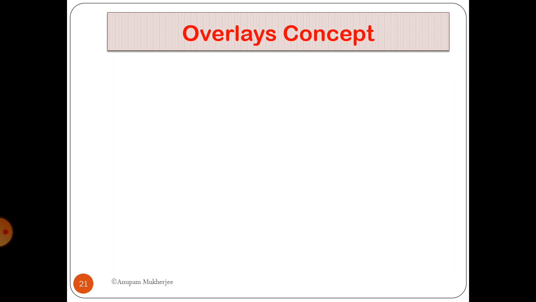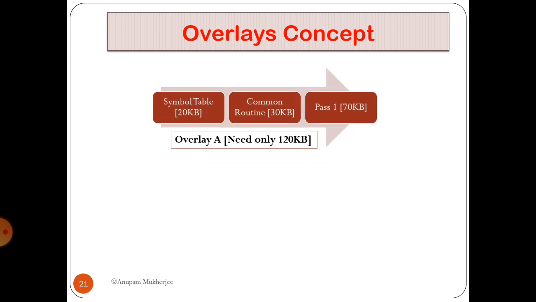To deal with this problem, we first create two overlays. Overlay A consists of pass 1, common routine, and symbol table. The symbol table is used to store the source file representation.